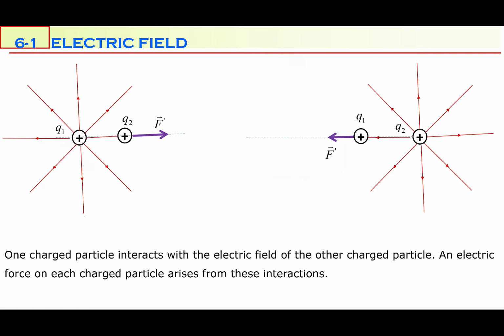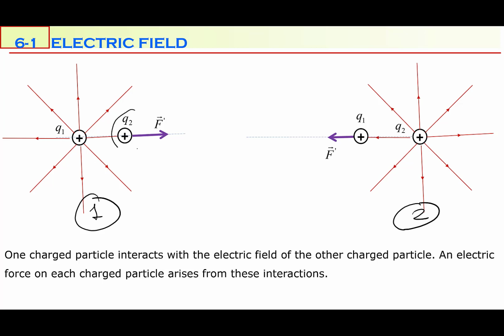Now, on the diagram on the left, the first diagram, I showed you that Q1 produces an electric field around, and Q2 is inside this electric field and will be repelled by Q1, by this electric field. Also, on the right, you see that Q2 has its own electric field as well. Q1 is inside this electric field, it will be repelled. So they are inside the electric field of one another.